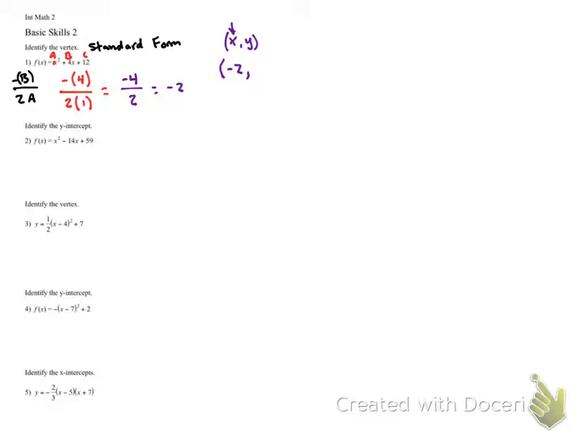In order to get the y value, we have to take our negative 2 and plug it back into the original equation. So here's our original equation, x squared plus 4x plus 12. And we're plugging in negative 2 everywhere we see an x. So here's x, that's negative 2 squared plus 4 times negative 2 plus 12.